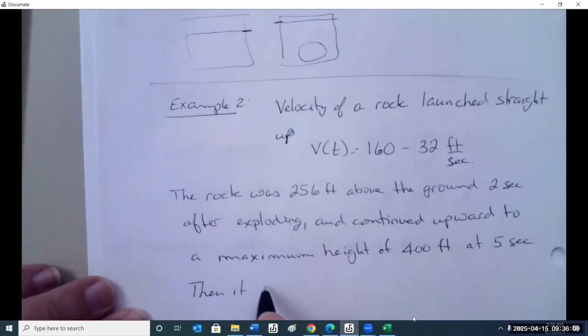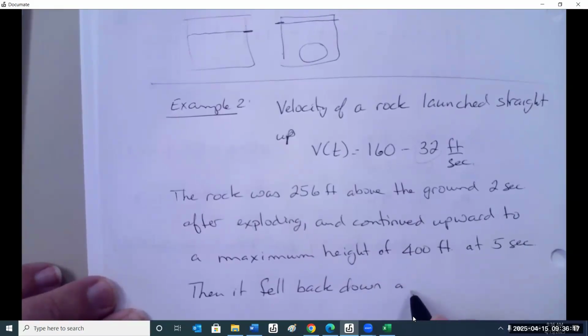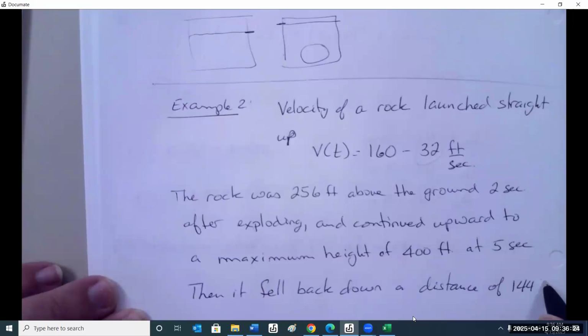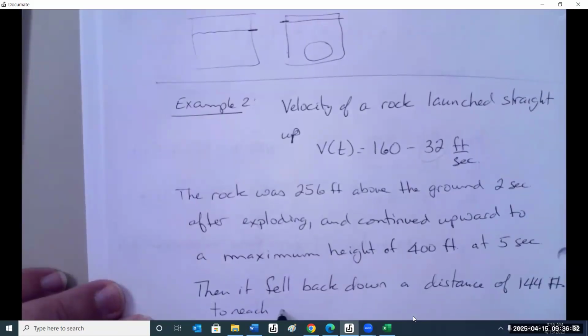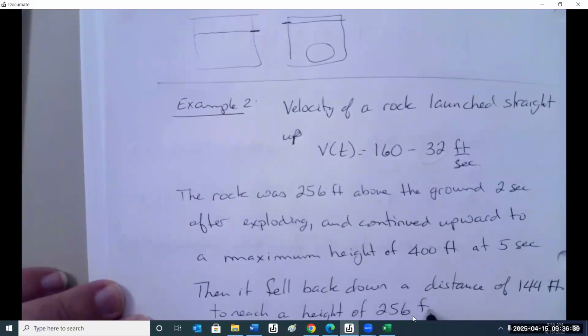And it fell back down a distance of 144 feet to reach a height of 256 feet at 8 seconds.